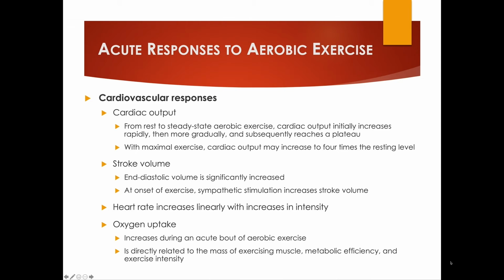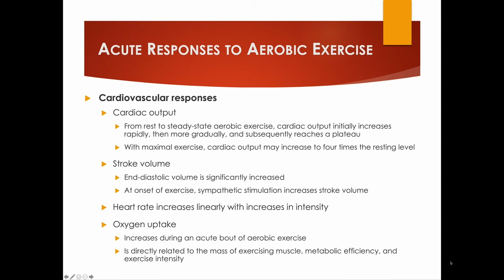And stroke volume, also known as end-diastolic volume, because it's the amount of blood in the left ventricle at the end of diastole. That becomes important because the next part after diastole comes then blood being ejected out into the system. So that's going to become significantly increased during exercise just due to more blood needing to be ejected out to maintain cardiac output demands.